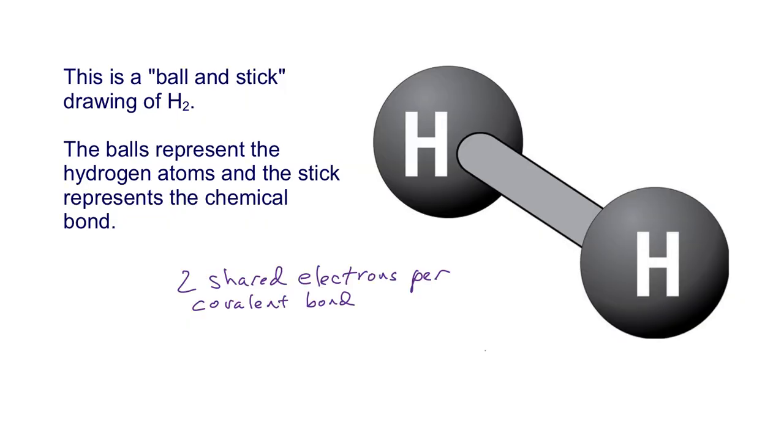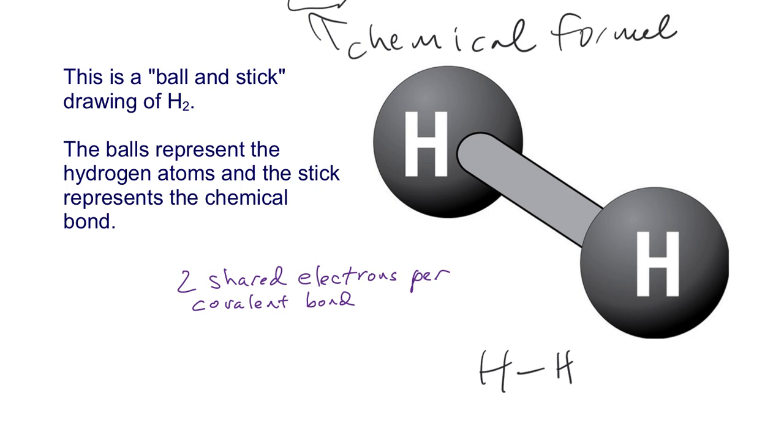Okay, so here's the structural formula of H2. This is the chemical formula right there of hydrogen gas. This right here, drawing a stick between them, a single covalent bond, that's the structural formula, with the stick.